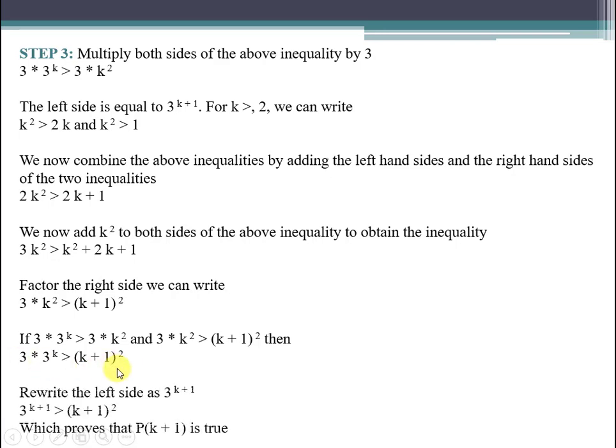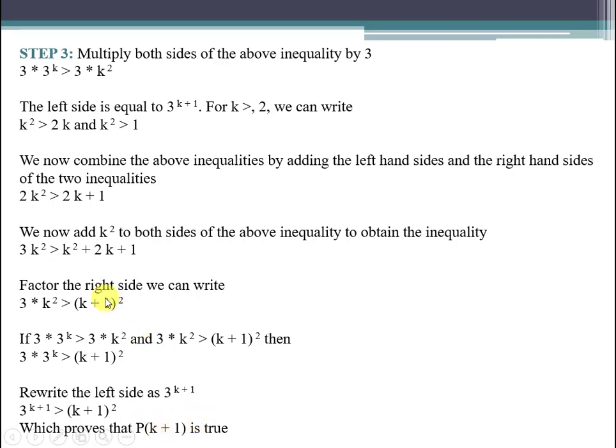So we write the left side as 3 to the k plus 1. Again, we have 3 to the power k plus 1 greater than (k plus 1) squared, which proves that it is true for k plus 1.